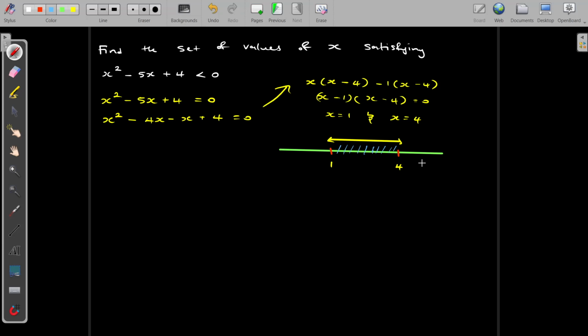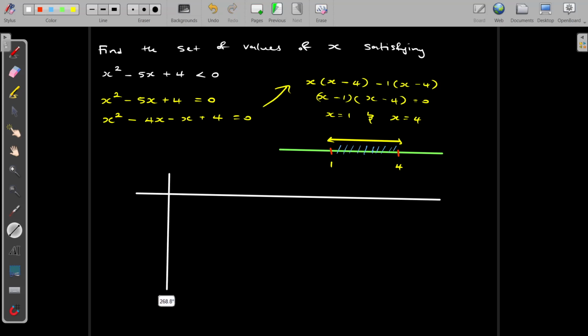So how to do a sign table? So let's say this is our sign table here. Alright, so the first thing we need to put in our sign table is our factors. So based on the quadratic we have here, the first factor, x minus 4.